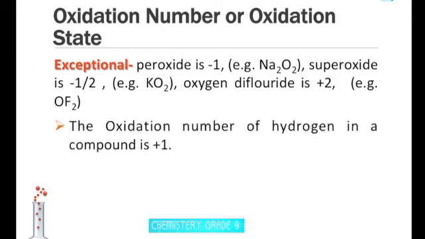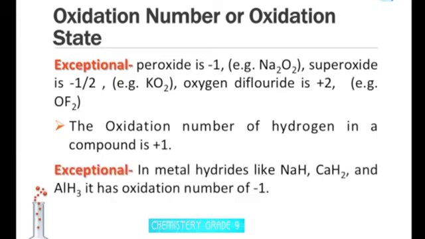Another rule is that the oxidation number of hydrogen in a compound is +1. In metal hydrides, like sodium hydride, calcium hydride, and aluminum hydride, the hydrogen has an oxidation number of -1.